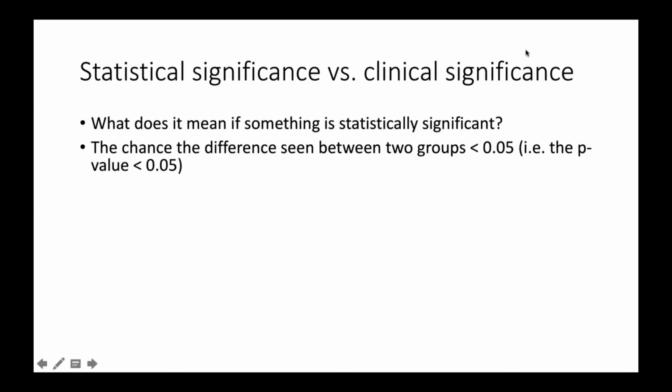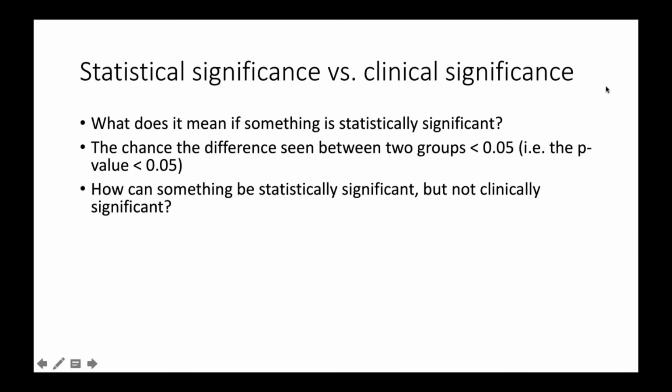Right? Okay, so I'm going to open this to everyone. What's a situation, or how could something be statistically significant but not clinically significant? Can you think of an example of what that might be?